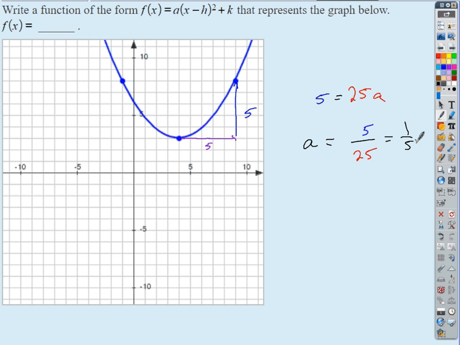No, I get it because I know that my parent function, if I pick points on it, I go over 1 and up 1, over 2 and up 4, over 3 and up 9, over 5 and up 25. Okay? And then you can always just do a logical check. Does that work? Well, yeah, this has obviously been compressed a lot, hasn't it? So it's 1/5 makes sense.